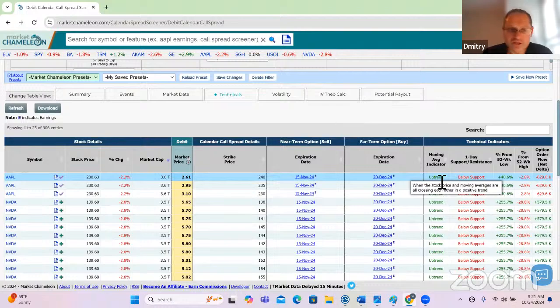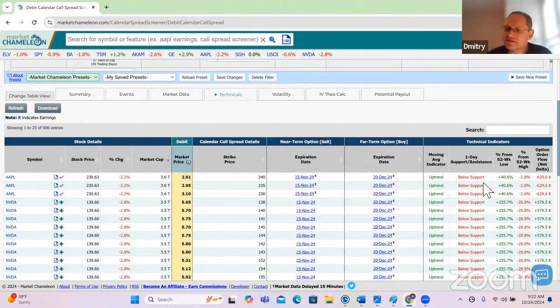If the stock is above the 20-day moving average, the 20-day above the 50-day, and the 50-day above the 250-day, then we're saying it's moving in an uptrend. Instead of looking at a chart, we just give it that type of indicator. So that's what it's been doing, based on its moving averages.